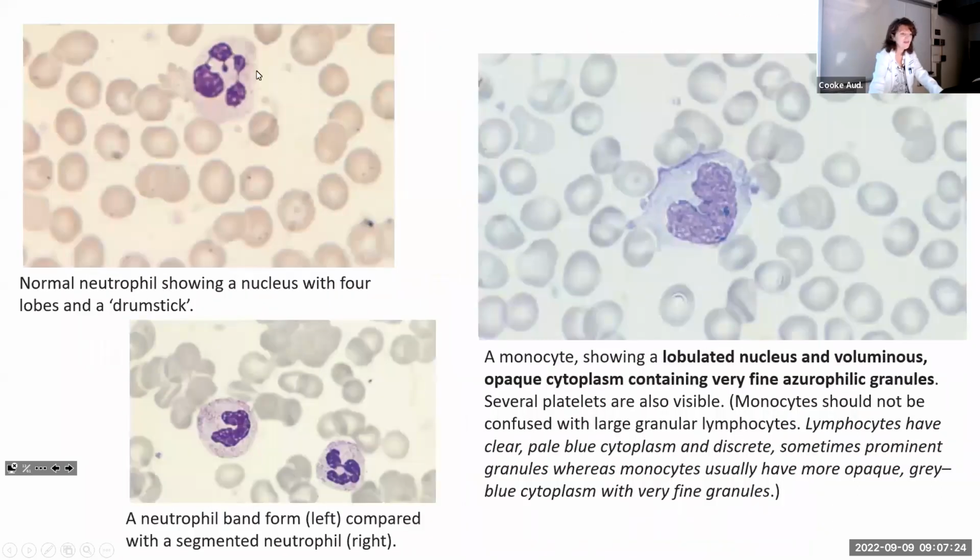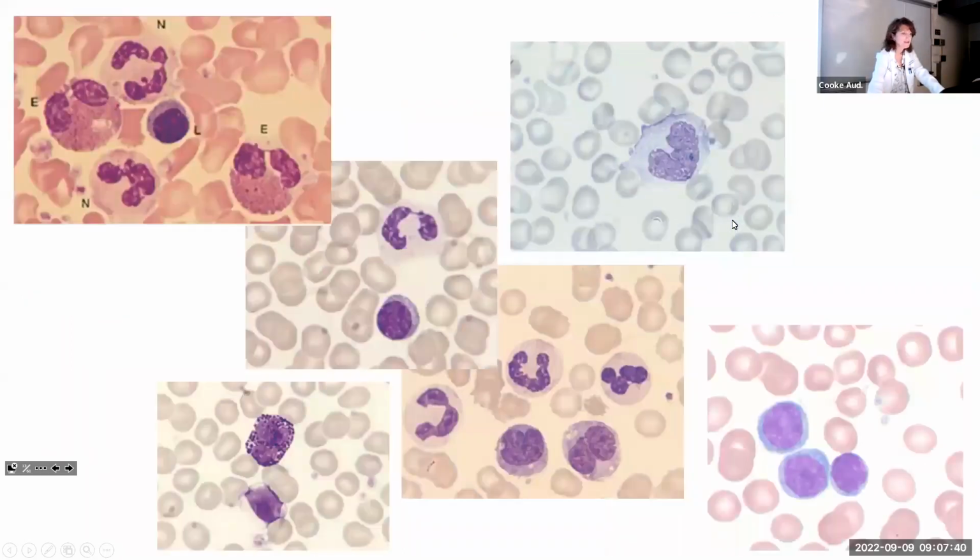Let's try again. Poly, band, poly, what's this? Monocyte, big size, some vacuoles in here. Sometimes these nuclei get stringy, elongated. Here it takes a fetal form. Lymphocyte, yes?